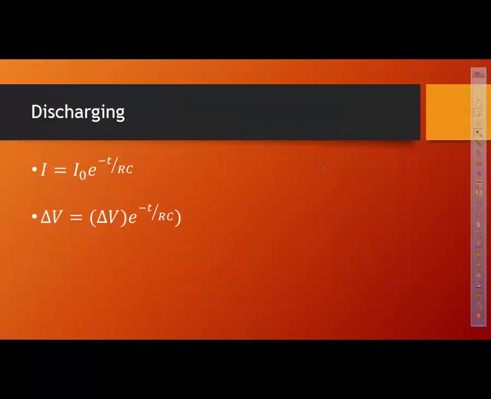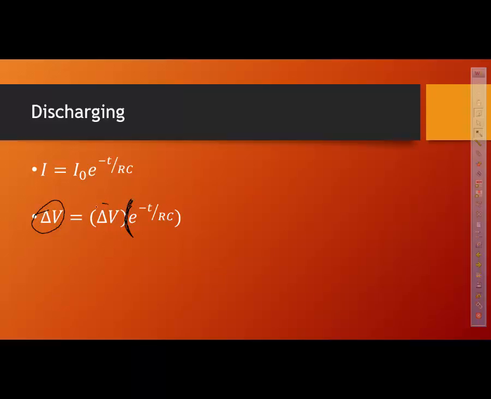All right, for discharging it's a little bit different. Discharging, the formula for your current is still the same, but your voltage is not. So the voltage that you will need, if you need to calculate it, I guess we should really have another parentheses right here.